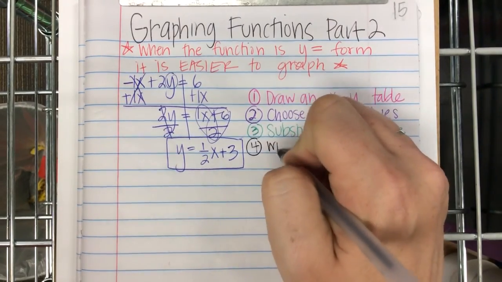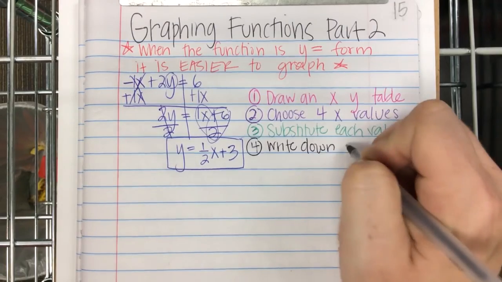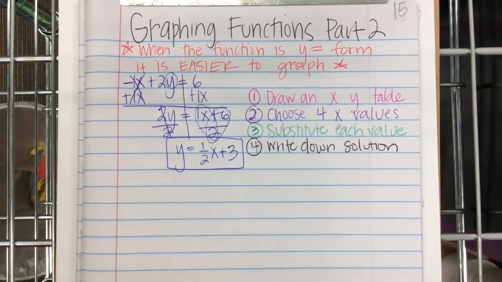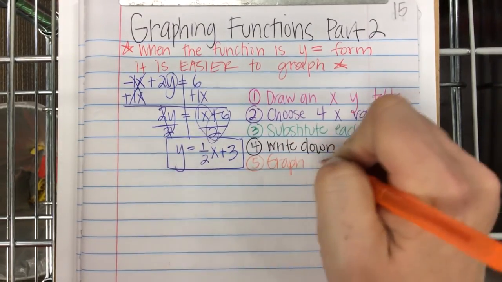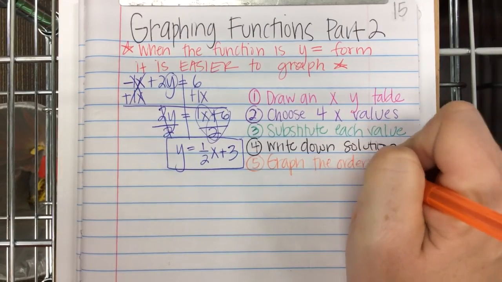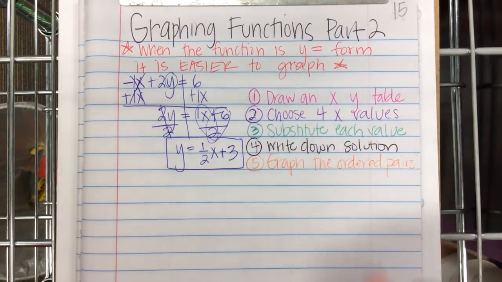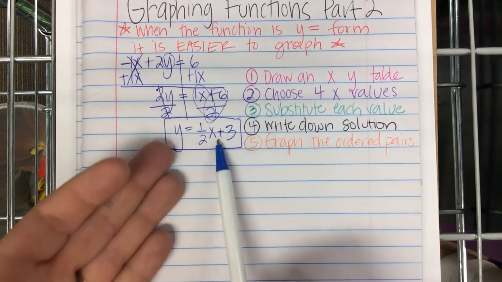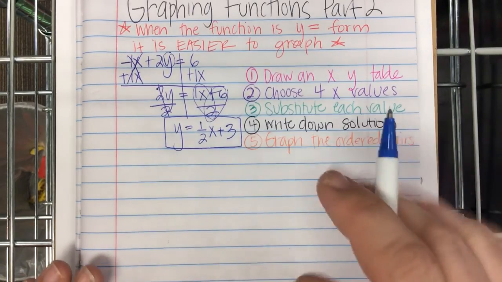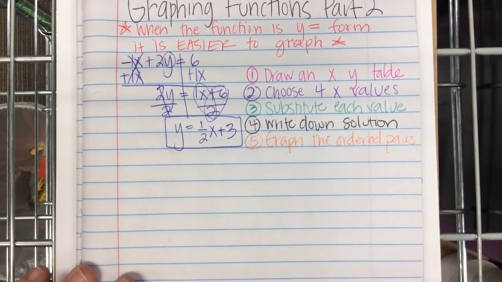Four, write down the solution. And five, graph the ordered pairs. And I'll show you what that means. But the first thing you need to know is that it's easier to graph it if it's in y equals form. 50% less work if you change it to y equals form.